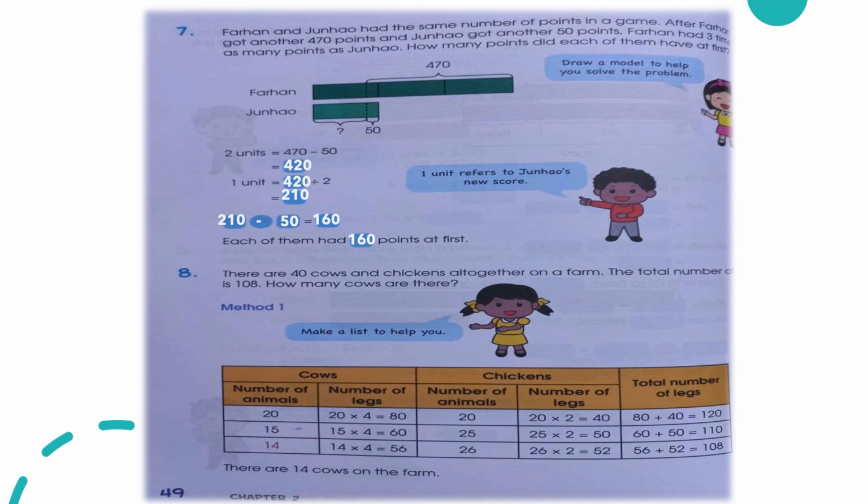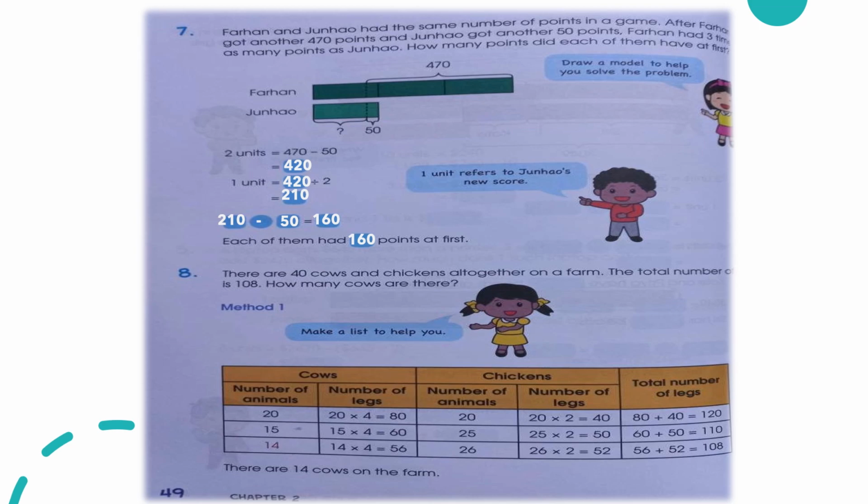After Farhan got 470 points, at the same time Junhao also got 50 points. So we know that the additional unit value, which is 2 units, is 470 minus 50, which is 420. To get the value of 1 unit, we are going to divide 420 by 2, which is 210.